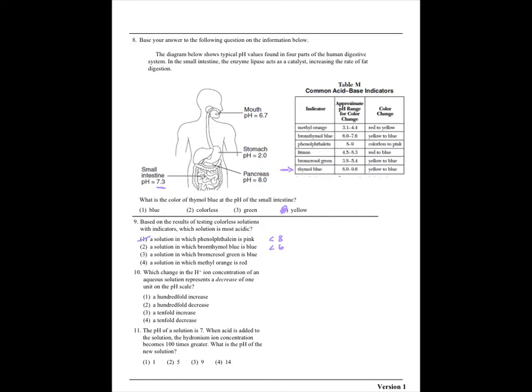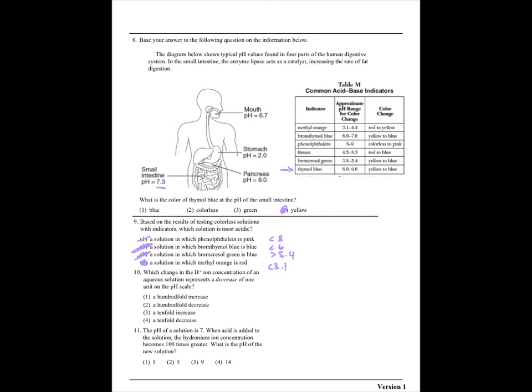A solution in which Cresol Green is blue, so that's above a 5.4. Can't be this one. A solution in which methyl orange is red, so it has to be less than 3.1. Alright, so below 3.1 means lower numbers than below 6, and that means that can't be it, so we gotta be choice 4. The most acidic is the lowest number available.